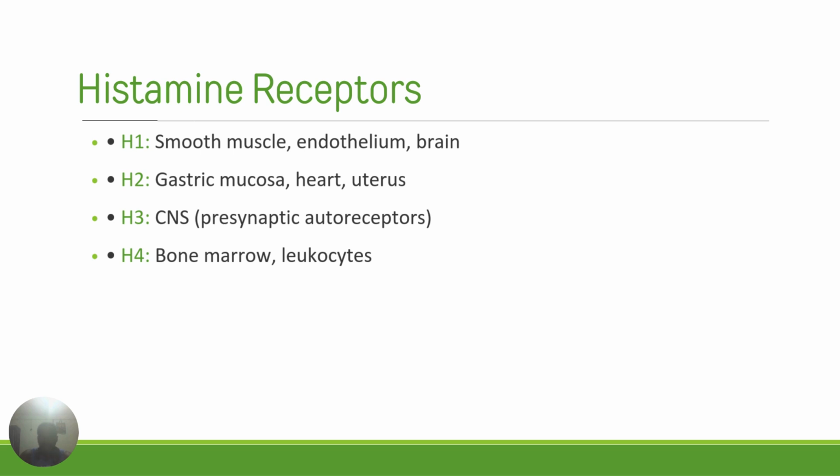Histamine receptor 2 is found in the gastric mucosa, the heart cells, and also the uterus. Histamine receptor 3 is found in the central nervous system, and they act as presynaptic autoreceptors. Histamine receptor 4 is found in bone marrow and the leukocytes.